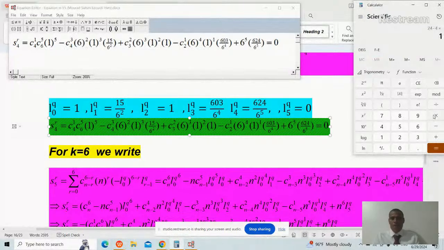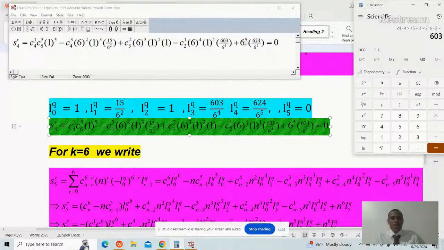times 15, plus 3 times 216, because 6 cubed, plus 3 times 216 or 6 cubed as you like, minus 2 times 603, minus 2 times 603, plus what?